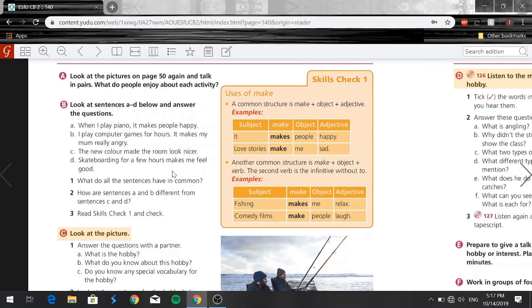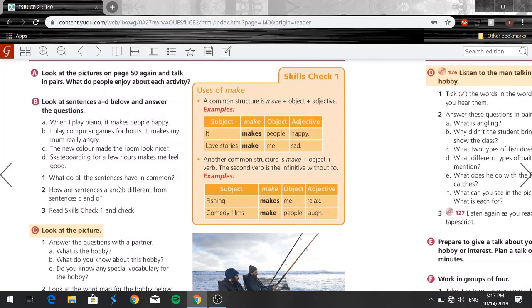So now let's go back here. So what do all the sentences have in common? What do you guys think? Well, first of all, we gotta know that all of these sentences have the verb make. And you gotta differentiate here that make is not the same basic meaning as in make a cake. It doesn't mean create here. Make does not mean create, as in make a cake, right?